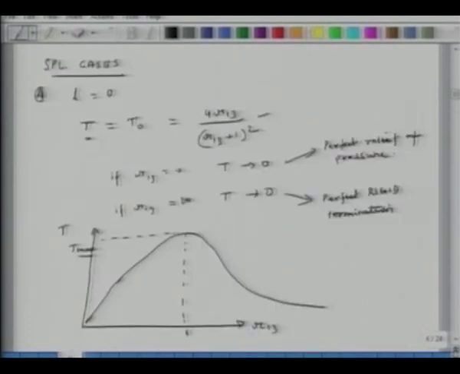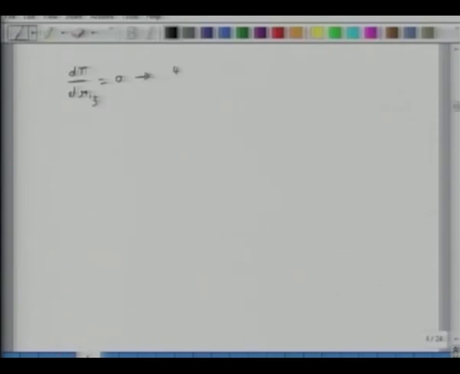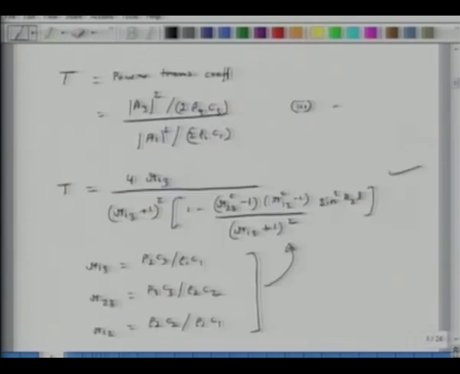If I differentiate T with respect to R13, what I get is 4 over (R13 plus 1) whole square minus 8 R13 over (R13 plus 1) cube, equals 0. So if I solve it, for the extrema condition, R13 equals 1. Bear in mind, this is the definition of R13. It's rho 3 C3 divided by rho 1 C1.